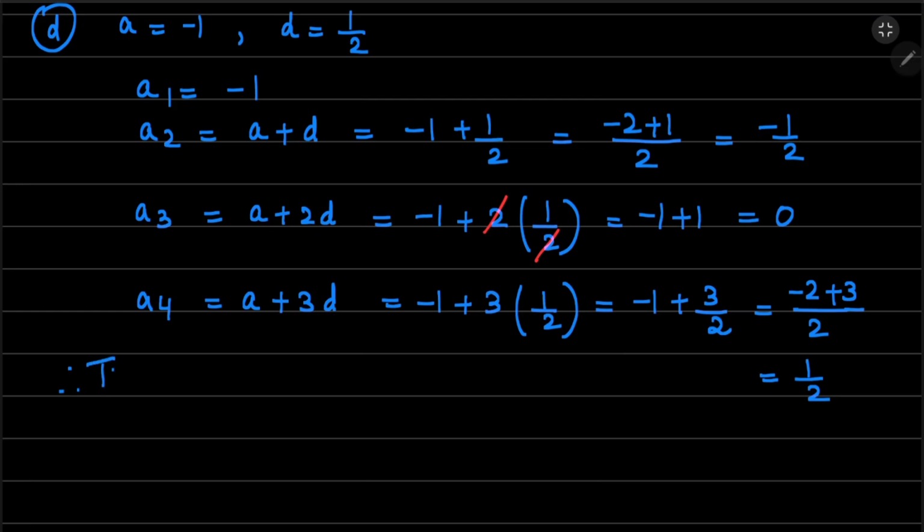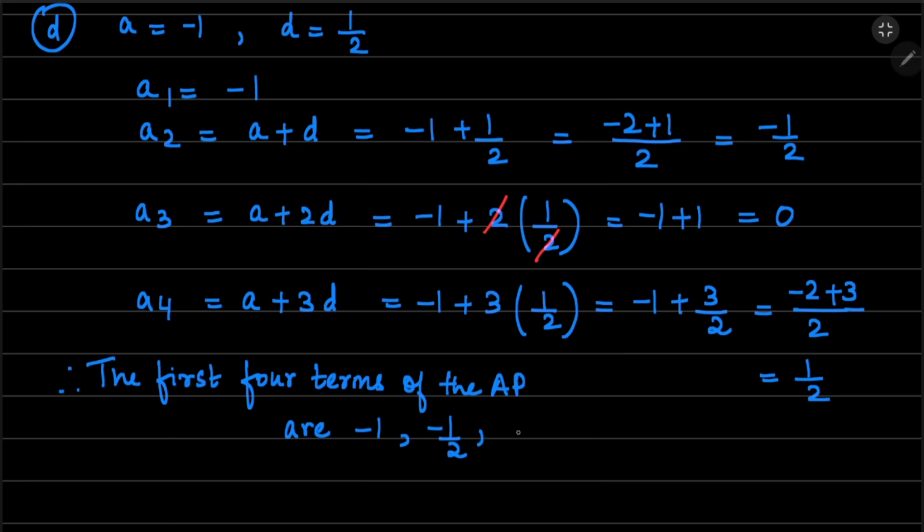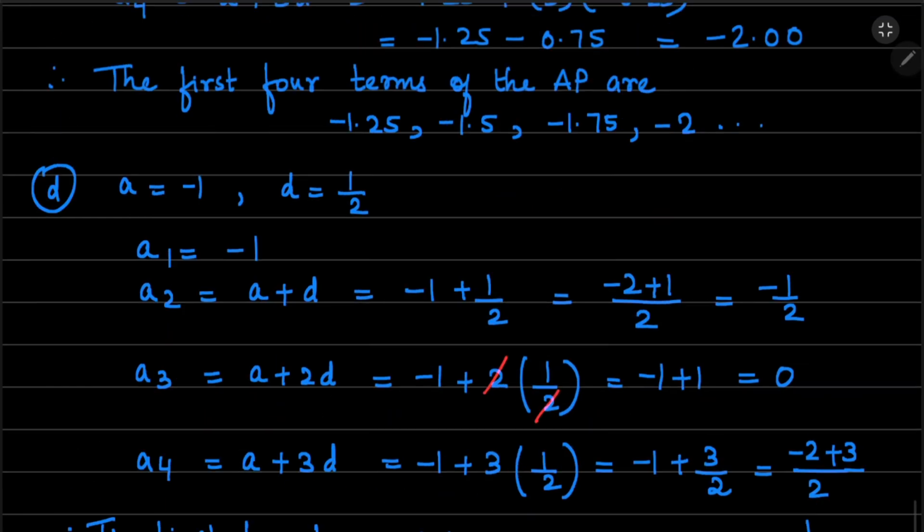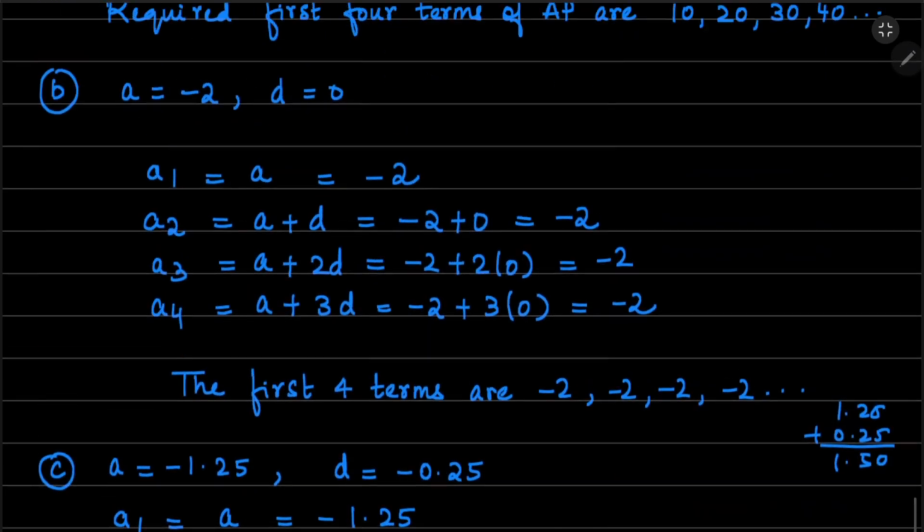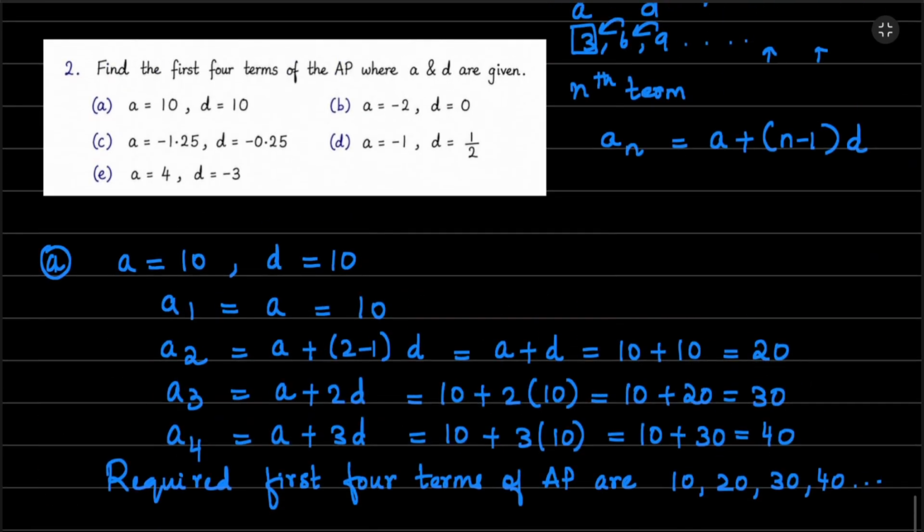Therefore, the first 4 terms of the AP are -1, -1/2, 0, 1/2, and it goes on. Right? So that's your D. And we have one more question wherein A is 4, D is -3. Let's do it.